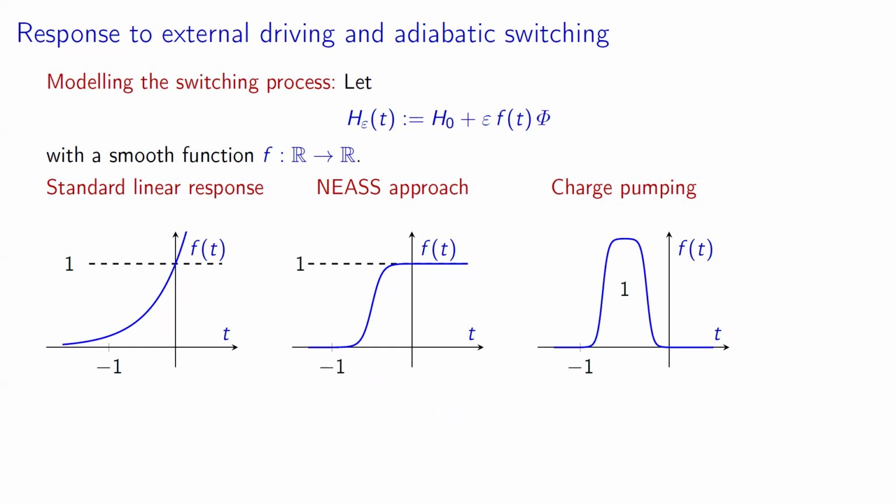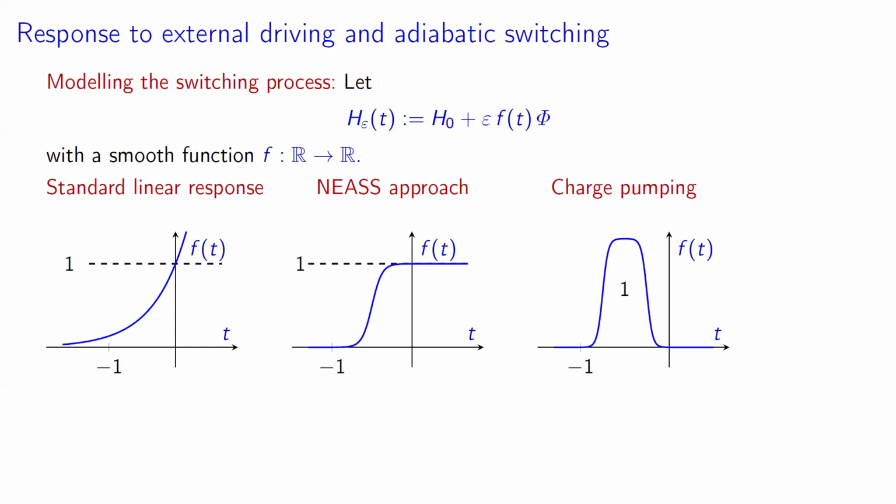And then you evaluate the solution of this equation at time 0, when the perturbation is fully turned on, when f has the value 1. Another approach, which I will explain, is to turn on the perturbation smoothly and then to evaluate the solution of this equation at any positive time.